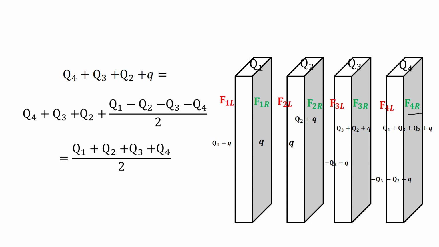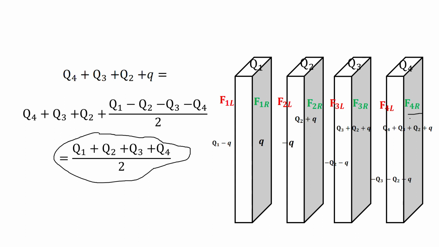So what we are getting is that the charge appearing on the extreme left, on its left face, is the sum of all charges divided by 2, and the charge appearing on the extreme right, on its right face, is also the same: the sum of all charges divided by 2.